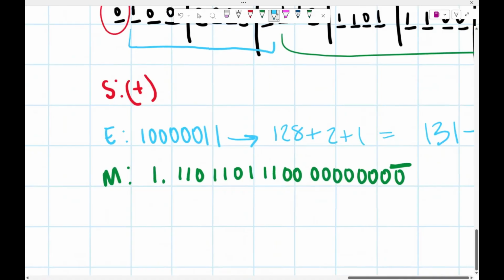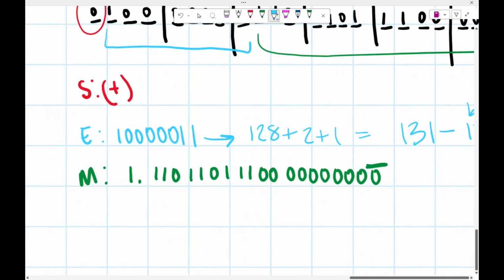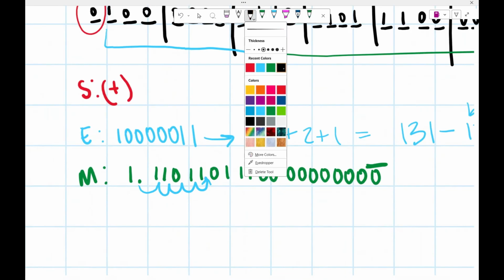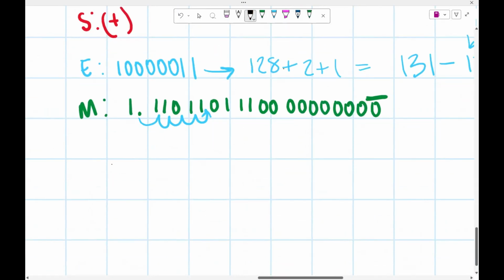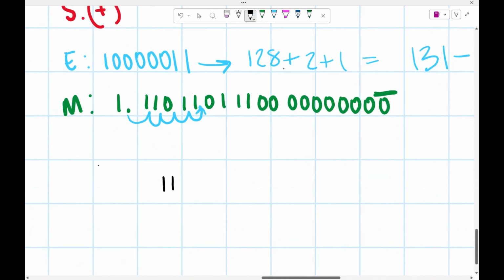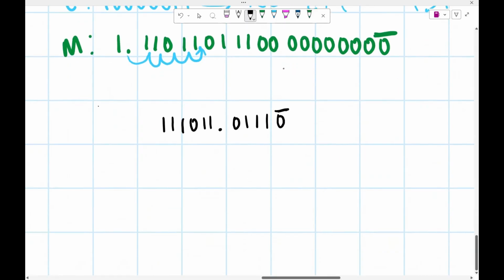Okay, so now since we know the exponent, we know that we have to move this one over to the right 4 times. So 1, 2, 3, 4, 5. Okay, now I can just rewrite this mantissa entirely. So this becomes point, and then all of those repeat.